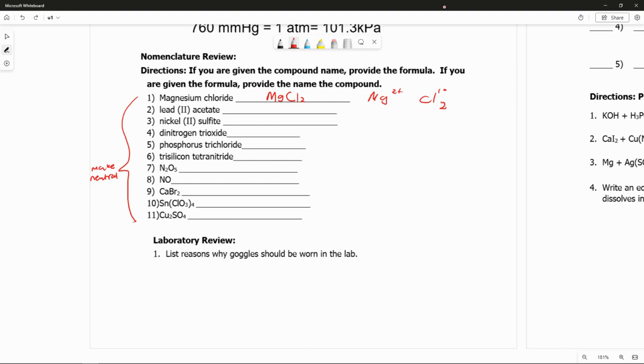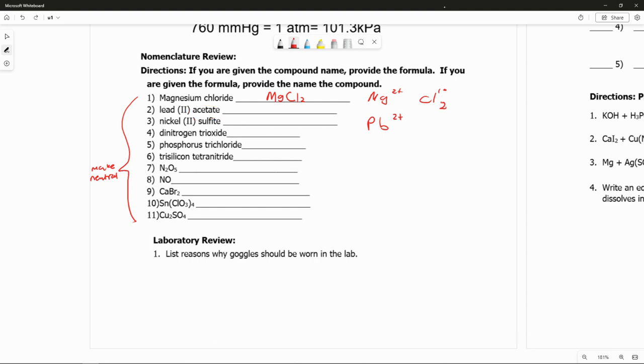The compound name tells us lead 2. The Roman numerals in the brackets mean that you have a charge of 2 on the lead. Since it's a transition metal, we see this as Pb, and this is going to have a 2 plus charge because it says 2 in Roman numerals.